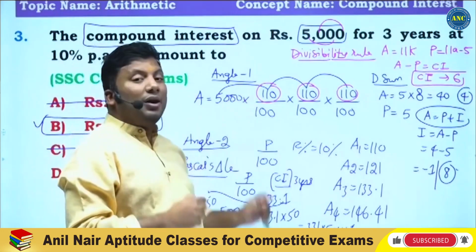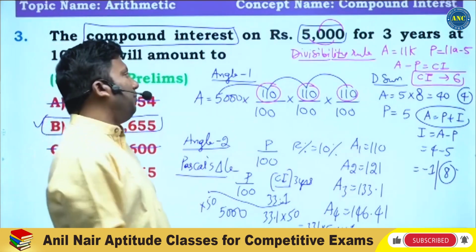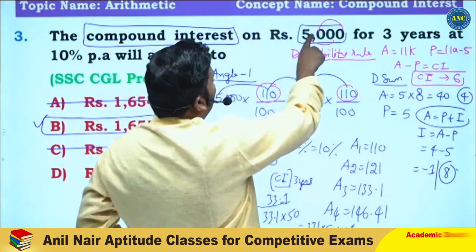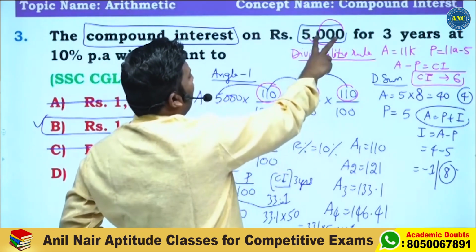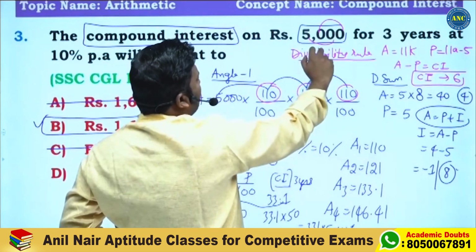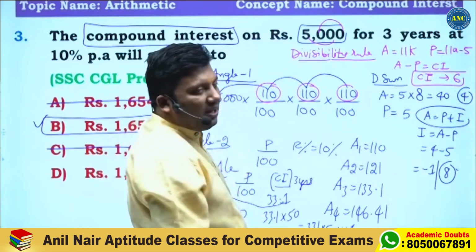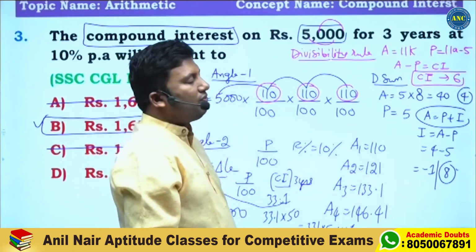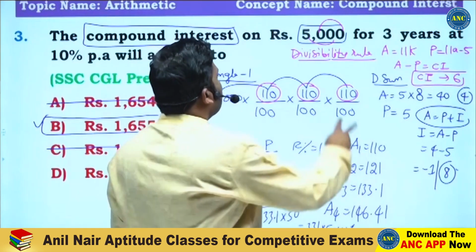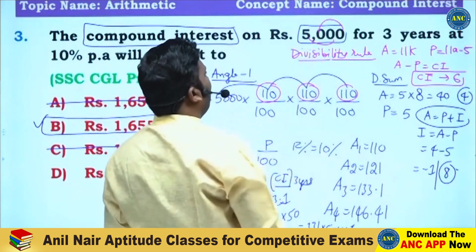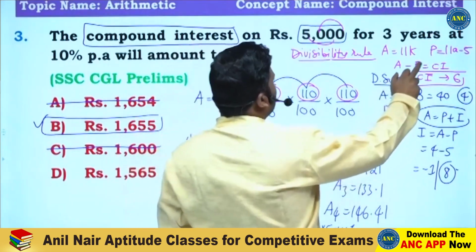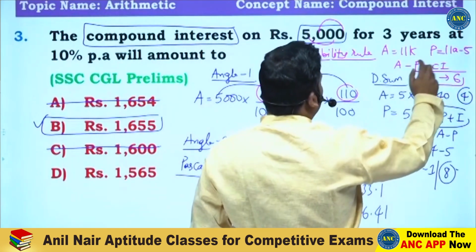The amount is divisible by 11, since 110 is divisible by 11. What is the remainder when you divide 5000 by 11? Sum of odd places is 0, sum of even places is 5, so 0 minus 5 gives a negative remainder, minus 5.